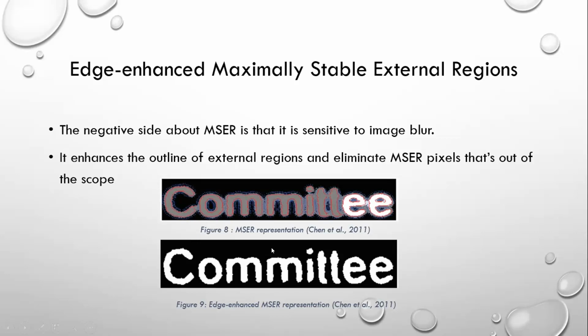Here is an example, in the upper picture, the MSER representation. There is one problem here: sometimes it cannot differentiate between two letters if they come immediately after each other. So here it considered the double E as one E.